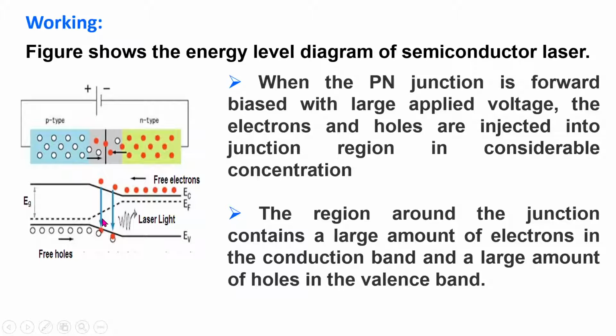Now the region around the junction contains a large amount of electrons in the conduction band and a large amount of holes in the valence band. So there are a large number of free electrons in the conduction band, whereas there are a large number of free holes in the valence band.